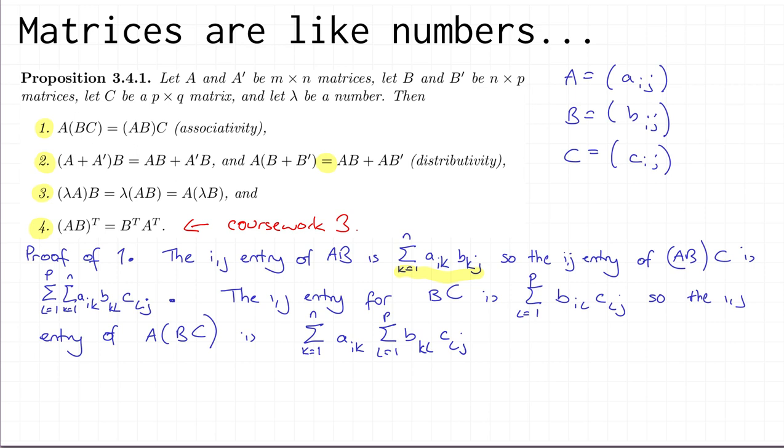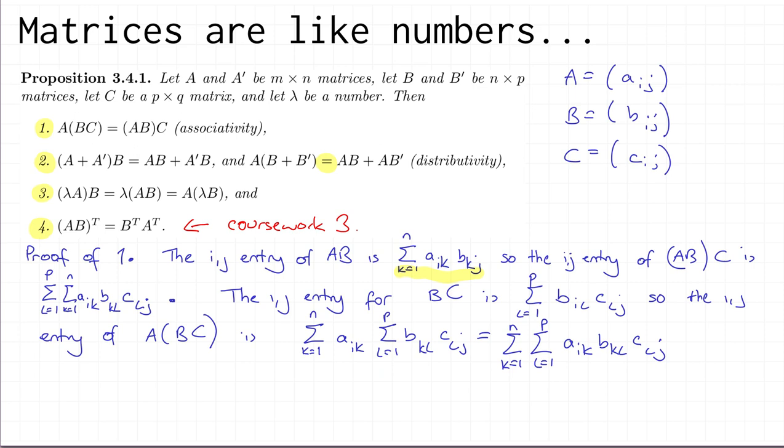Okay, well, we can multiply this AIK through the sum if we like to get, and let's just write this carefully, sum from k equals 1 to n of the sum from L equals 1 to P of AIK times BKL times CLJ. And if you look, that's not quite exactly the same as what we got before.